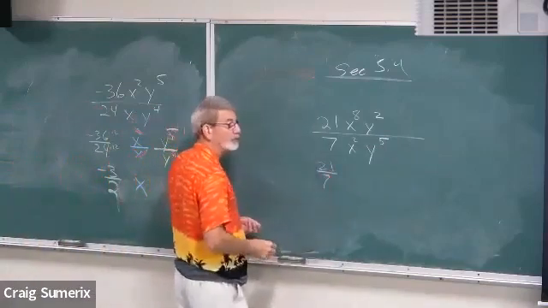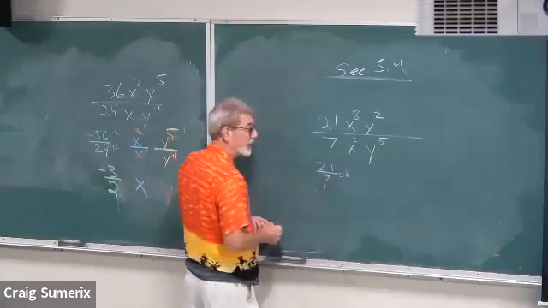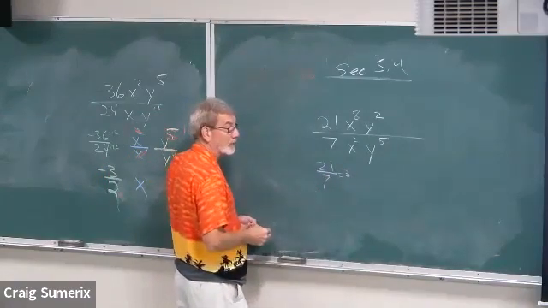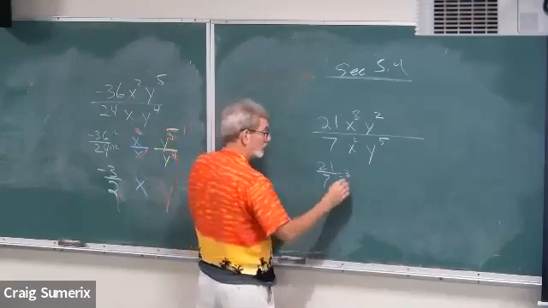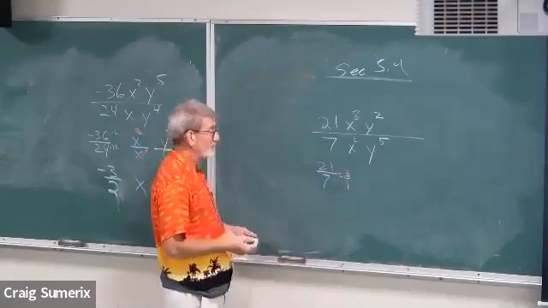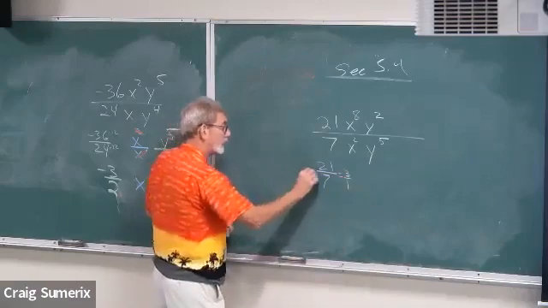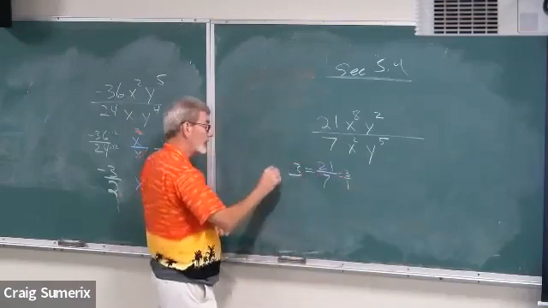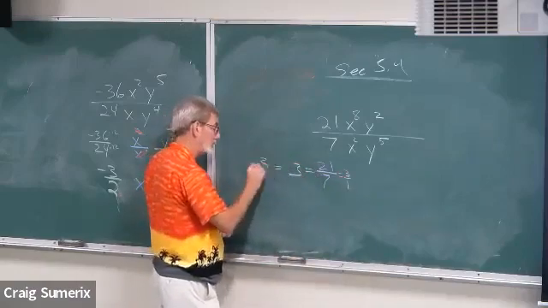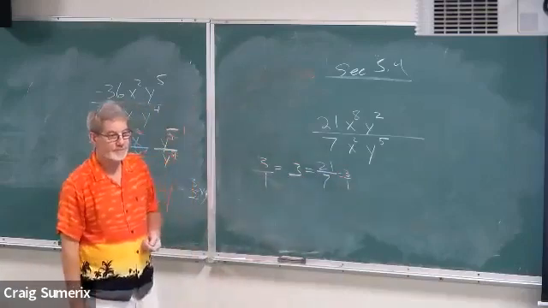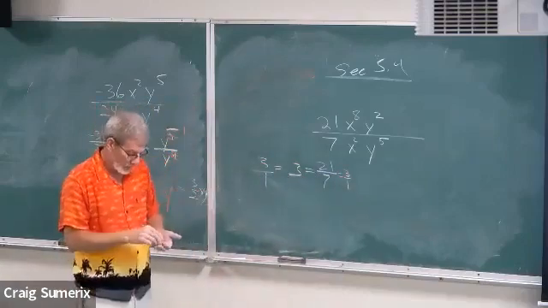21 over 7 is going to reduce to 3, right? Is it going to be in the top or the bottom? It's going to be on the top. Well, it's equal to 3, right? Can you write a whole number as a fraction over 1? I'll show you why I'm doing that.